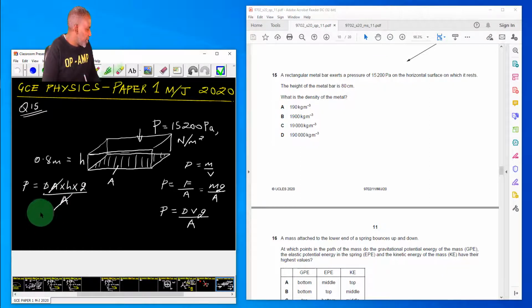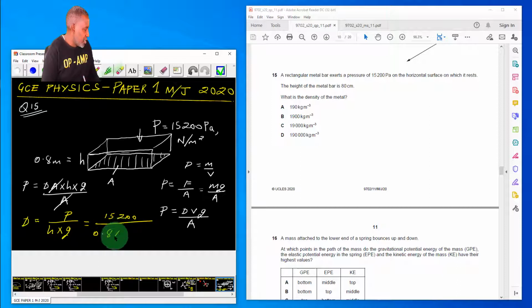We need to get the density to be the subject. Density will be equal to pressure divided by the h times the gravitational field strength. The pressure is 15,200 divided by the height, which is 0.8, divided by g, which is 9.81.